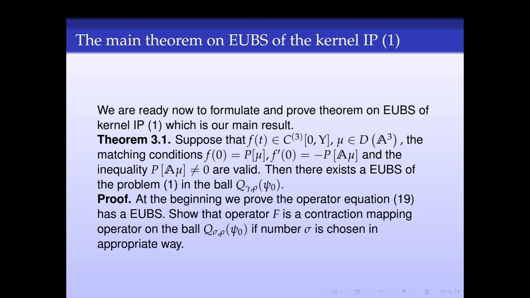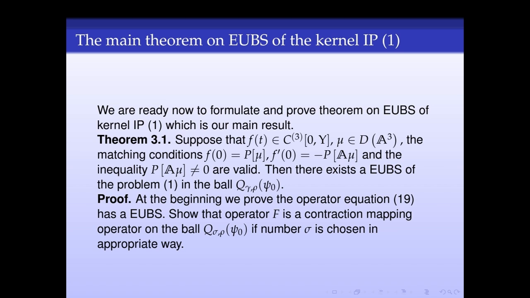Suppose phi of t is smooth, that means it has a continuous third order derivative, and mu from the domain of A cubed, the matching condition F0 equals pair of mu, and the matching condition prima 0 equals minus pair A mu, and the inequality pair A mu different from 0 are valid. Then there exists a unique bounded solution of problem 1 in the ball sigma rho Xi 0 with center Xi 0.